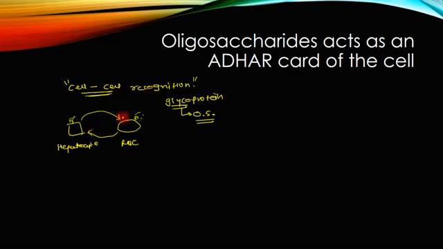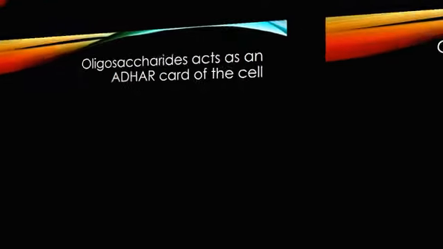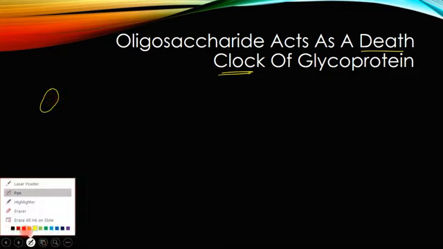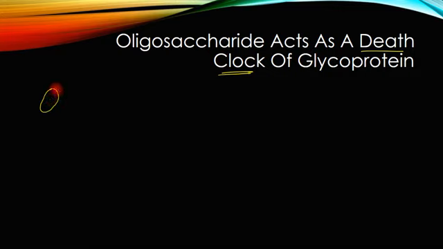Because of this recognition, it is known as the Aadhaar card of the cell. The second most important function of oligosaccharide is that it itself acts as a death clock of the glycoprotein. How does it act as a death clock of the glycoprotein? Let's see. For example, let's say this is the protein part of the glycoprotein, and this is its oligosaccharide chain.